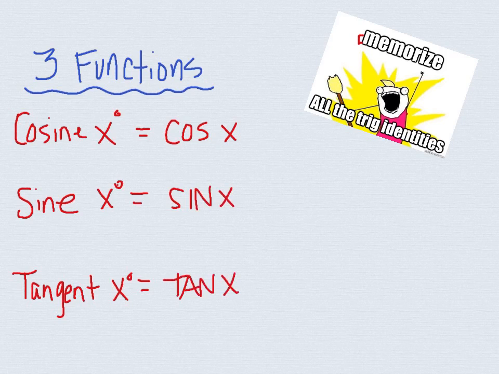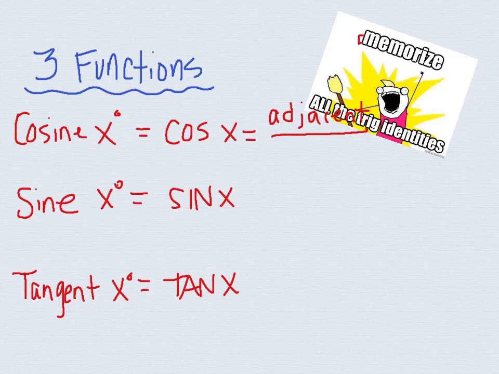Alright, each of these then are related to a ratio of the sides. So what we'll do is make that ratio. The ratio is equal to, for a cosine of x, the adjacent side over the hypotenuse.